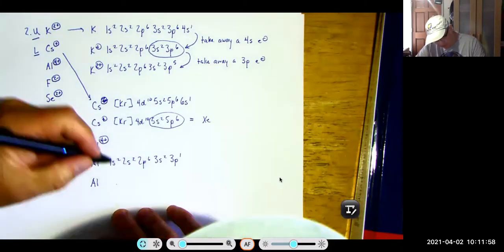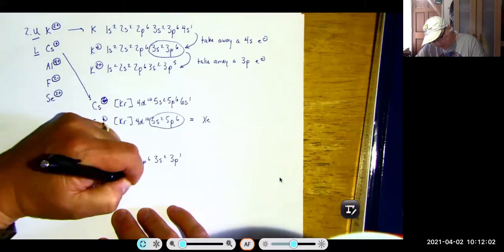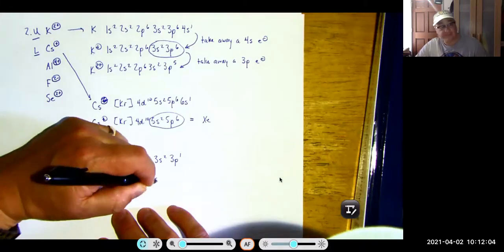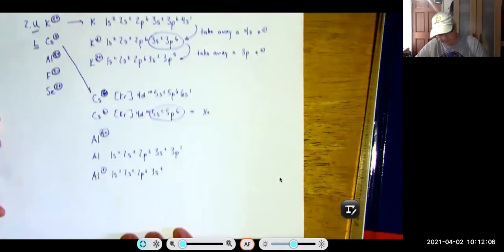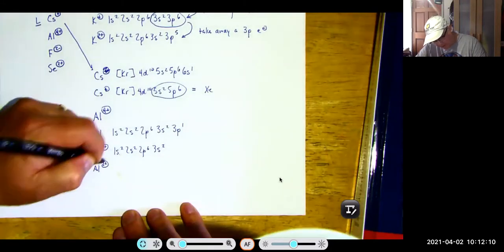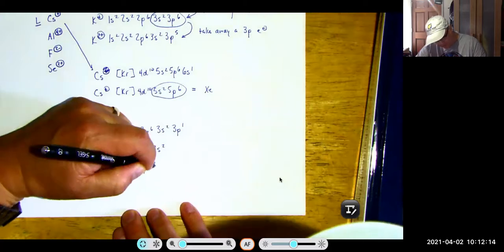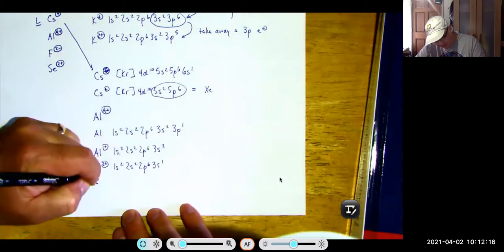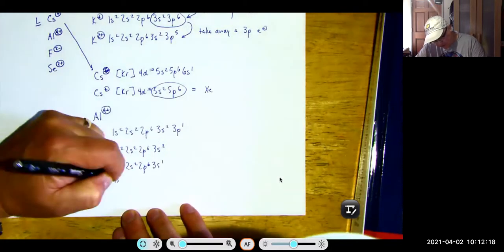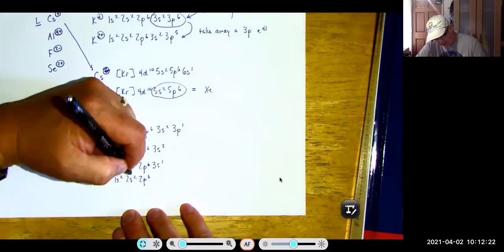So aluminum +1, 1s2, 2s2, 2p6, 3s2. Aluminum +2, 1s2, 2s2, 2p6, 3s1. Aluminum +3, 1s2, 2s2, 2p6. And here we've got that noble gas configuration.